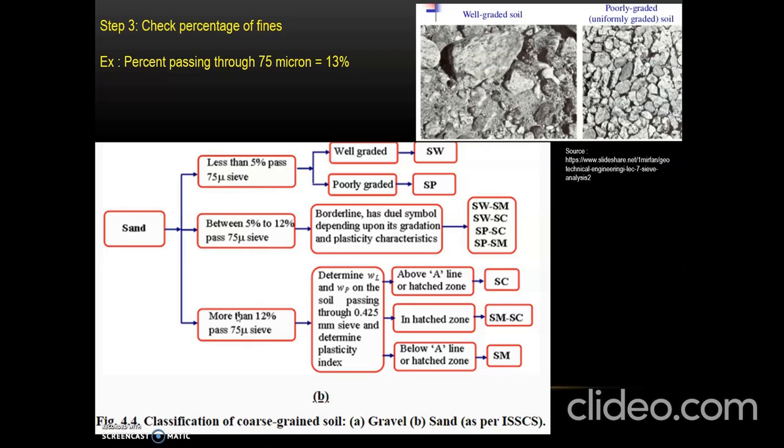Now out of these three conditions, we know that 13% is greater than 12%. So we need not worry about whether the soil is well graded sand or poorly graded sand or whether it has got dual symbol.